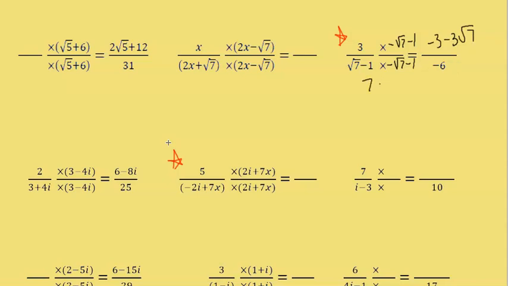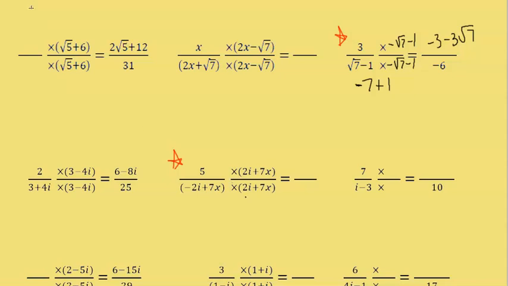So we basically have 7 minus 1 times 1, which is 1. And then there's a negative right there. So we just have negative 6 there. If you don't remember that formula, you can also use the box or FOIL method for the denominators.